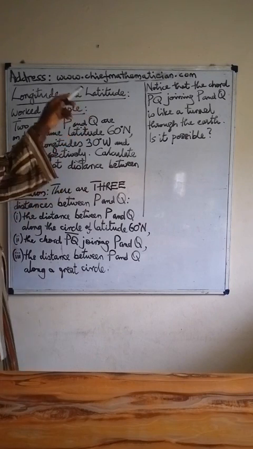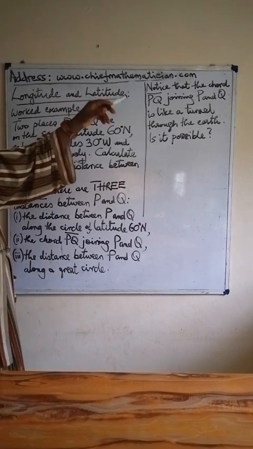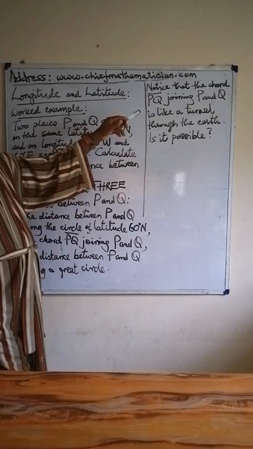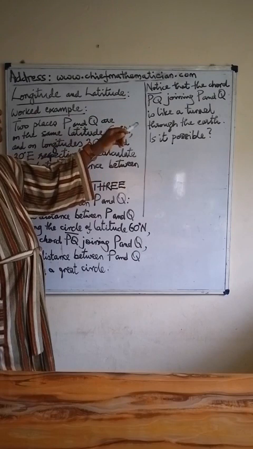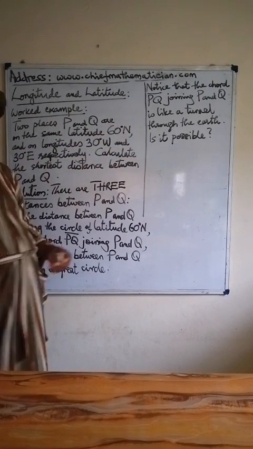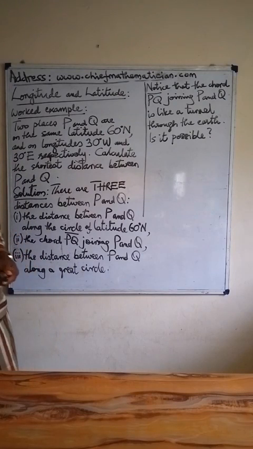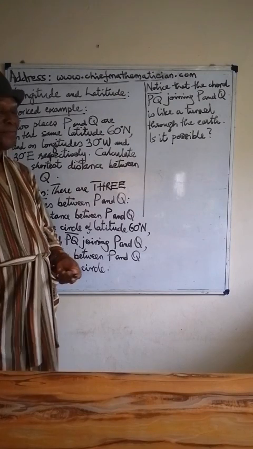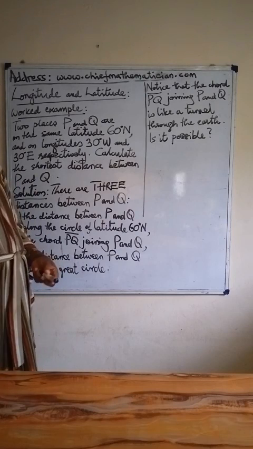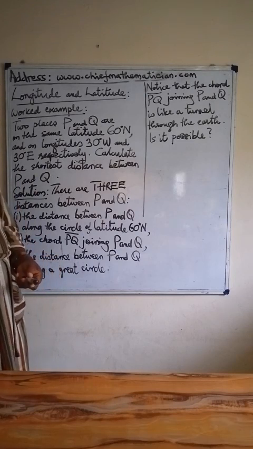Meanwhile, you have to notice that the chord PQ joining P and Q is like a tunnel through the earth. Is it possible? I leave that to science and technology.